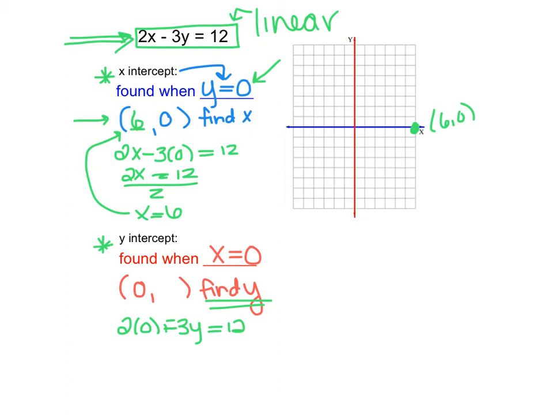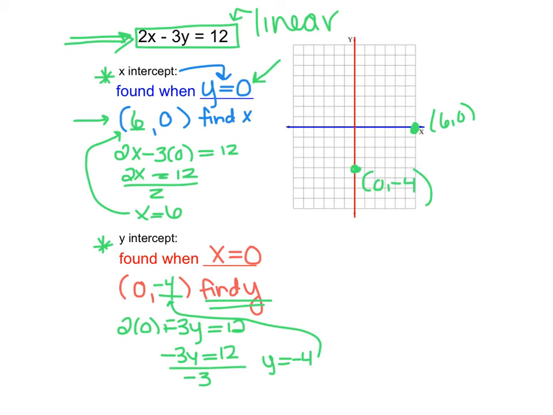Now I know that 2 times 0 is 0, so this is really negative 3y is equal to 12. Divide both sides by negative 3, and I find y is equal to negative 4. So this tells me that when x is 0, y is negative 4. So my y-intercept point occurs at x is 0, y is negative 4.